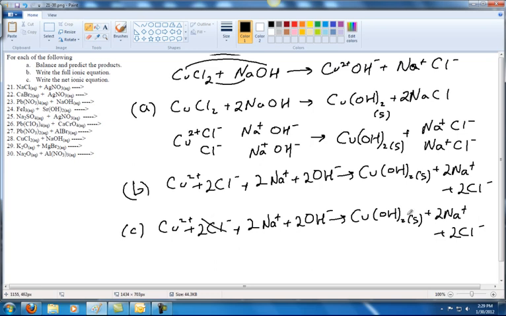So we've got 2 Cl minuses, that'll cancel, 2 Na pluses, that'll cancel, and all we're left with is Cu2 plus 2 OH minus gives Cu(OH)2 solid. So what we're left with in the net ionic equation here is just a reaction that forms a solid.